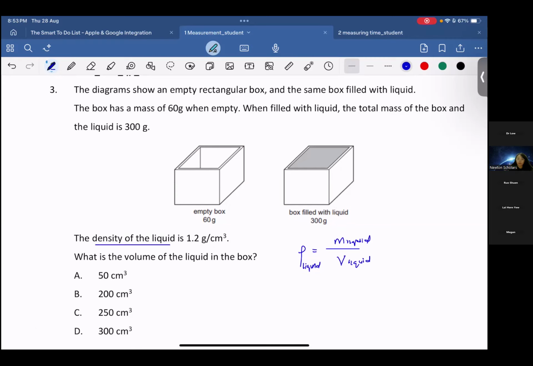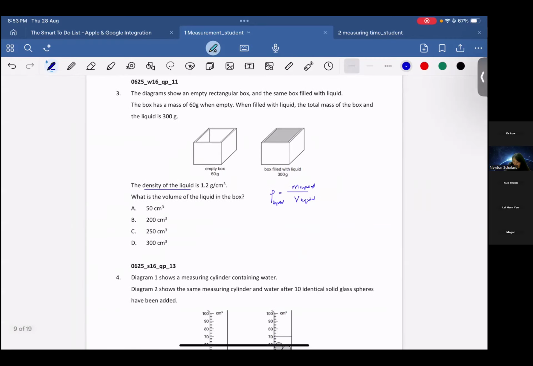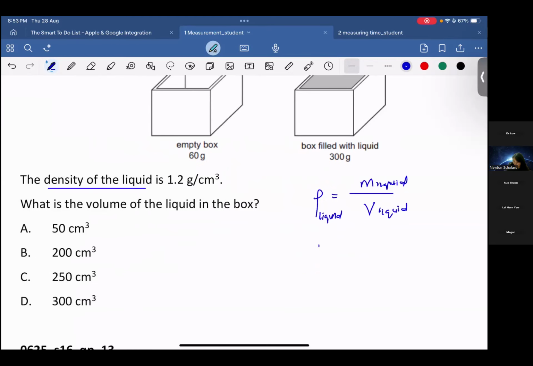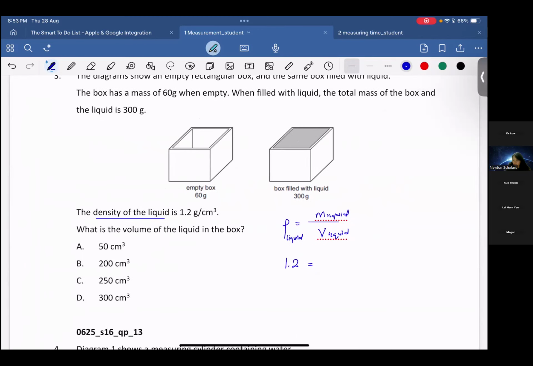Density of liquid. So of course the mass must be about the liquid, and the volume must be about the liquid. So at here, this is 1.2 gram per cm cube. The mass of liquid is not 300 because this 300 includes your box. So it should be 300 minus 60 gram divided by the volume.